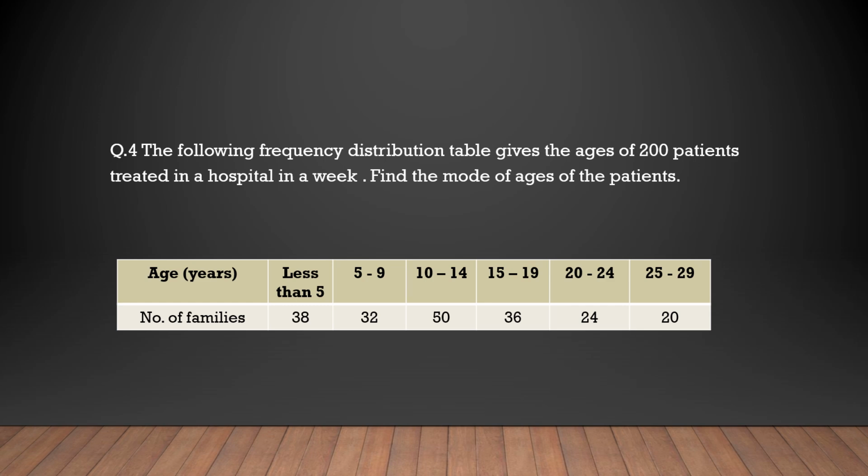Less than 5: 18. 5 to 9: 32. 10 to 14: 50. 15 to 19: 35. 20 to 24: 20. 25 to 29: 20. All the information is given in this table, and we have to find the mode.